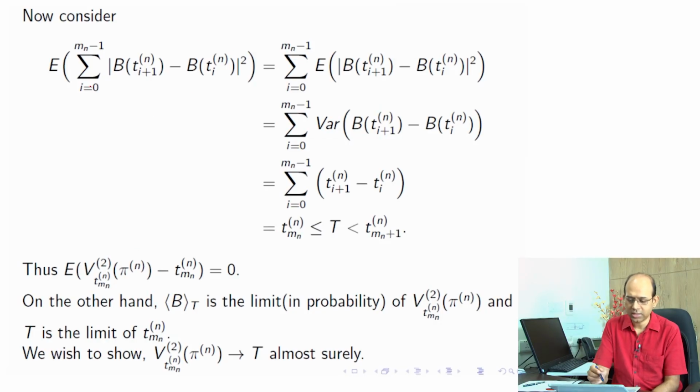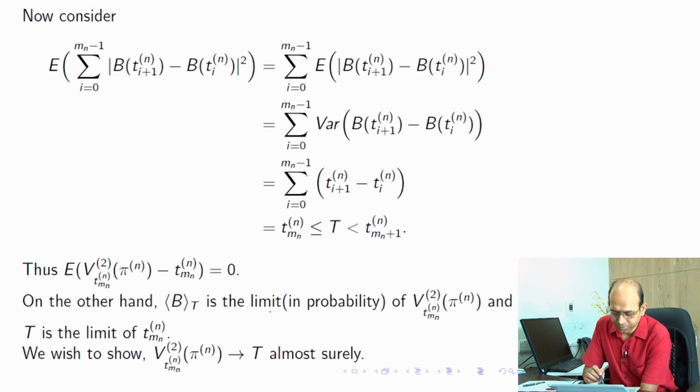We have shown that the sum of squares of successive increments along the partition converges to the quadratic variation process in probability, as the mesh size of the partition goes to 0. So this expression is nothing but V_2 of pi_n till time t_{m_n}, and this is equal to t_{m_n}^n. So if I subtract and take the expression, that is 0, for all possible n.